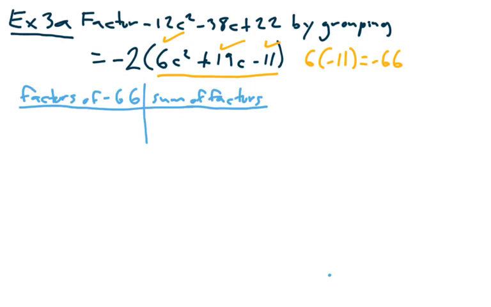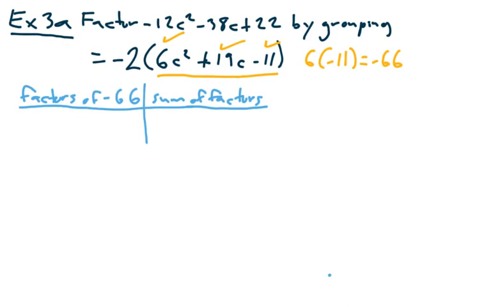The fact that we are aiming for a negative 66 means I've got to pick a positive number and a negative number. The sum that I'm aiming for, though, is positive, so I think I want to choose this so that the positive number is the one that's larger in absolute value, and the negative number is the one that's smaller. So negative 1 times 66 would be an obvious first choice.